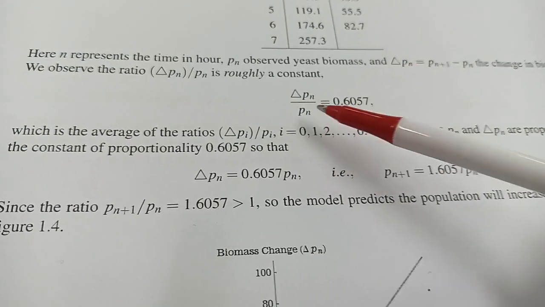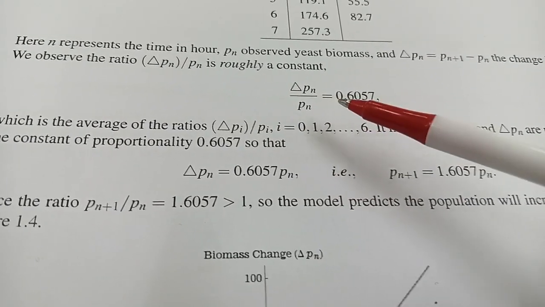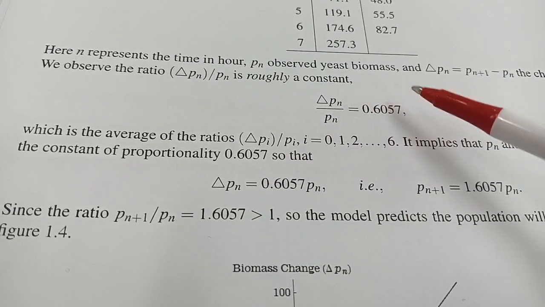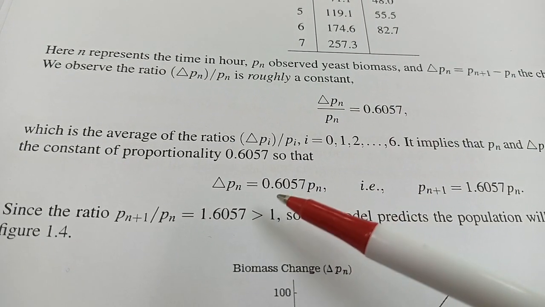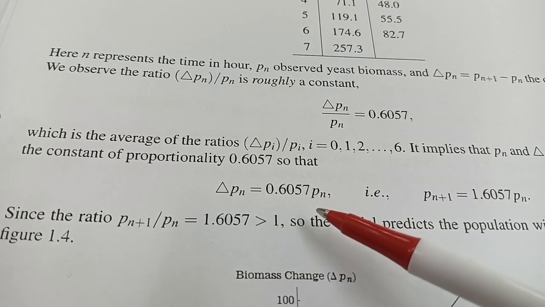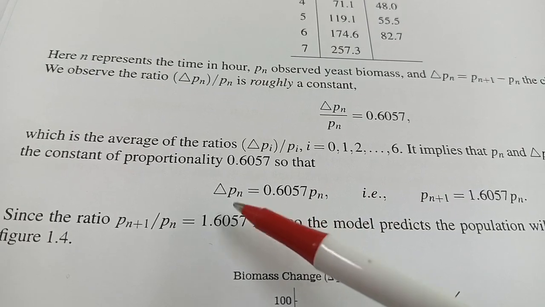Now from this ratio equation, we have delta Pn. Bringing Pn to the right side, it becomes the constant 0.6057 Pn. So this is the change model.